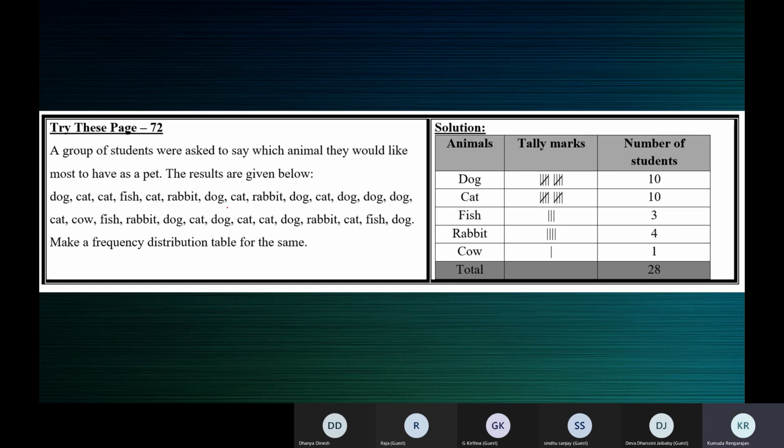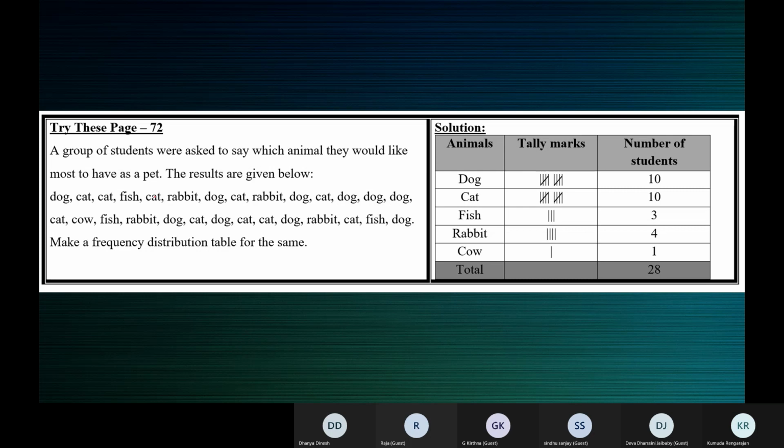So 28 students, a group of students, have expressed their view on their favorite pet. They would like most to have as a pet.